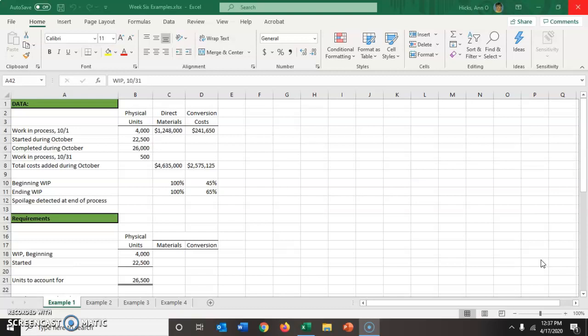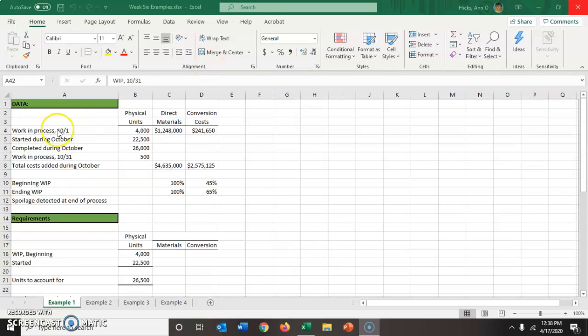And so this concept of equivalent units looks at how many units have you worked on, and what point of completion are you? If you are 100% complete, then your physical units and your equivalent units will be the same. If you're only 50% complete, then your physical units may be 10,000, but your equivalent units will be 5,000. So keep that concept in mind as we walk through these first 2 or 3 examples.